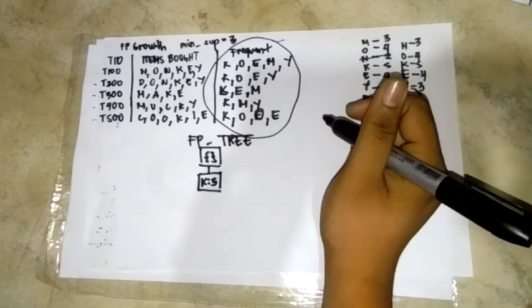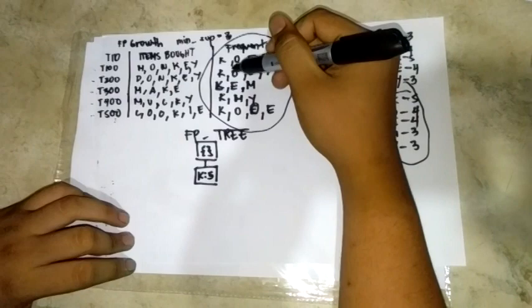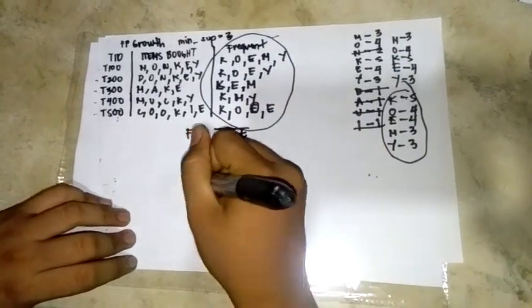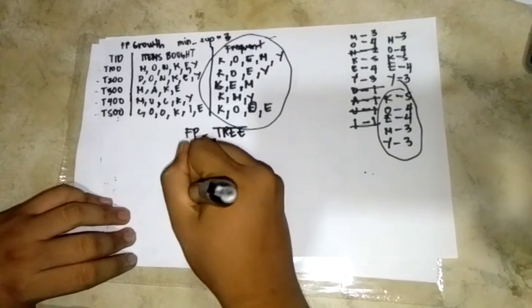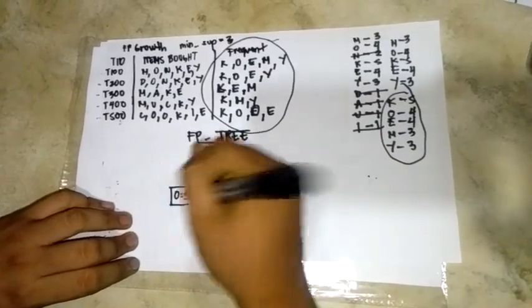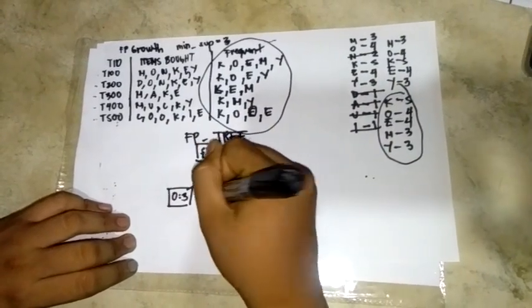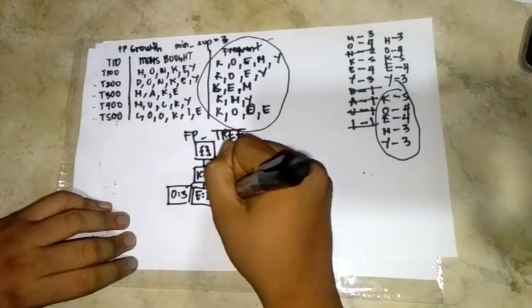And second, let's connect O to the third one. So O is 3. E is 1. Also M.